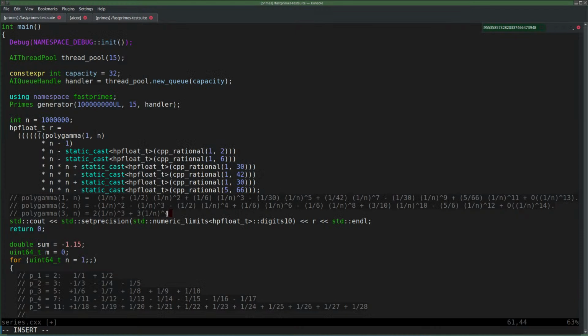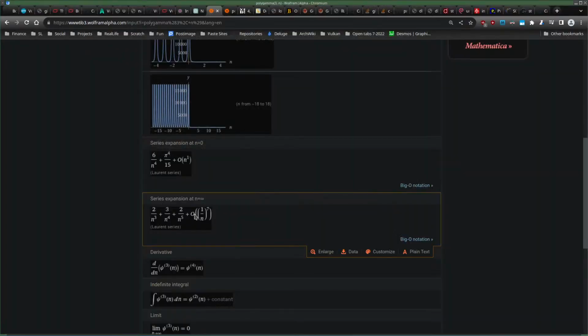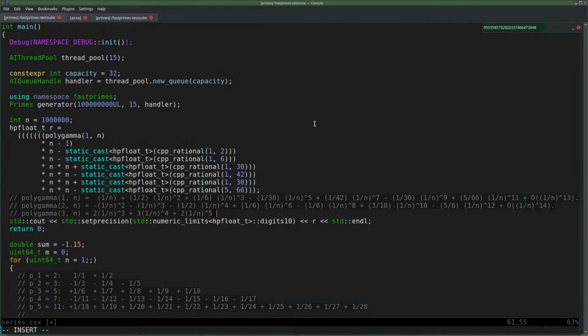And then the next one becomes this. Minus 4 times that is a plus again. 2. 1 divided by n to the power 5. Yep. So that works.